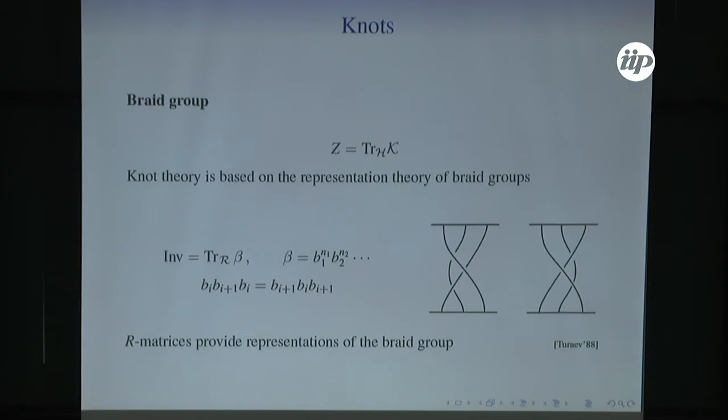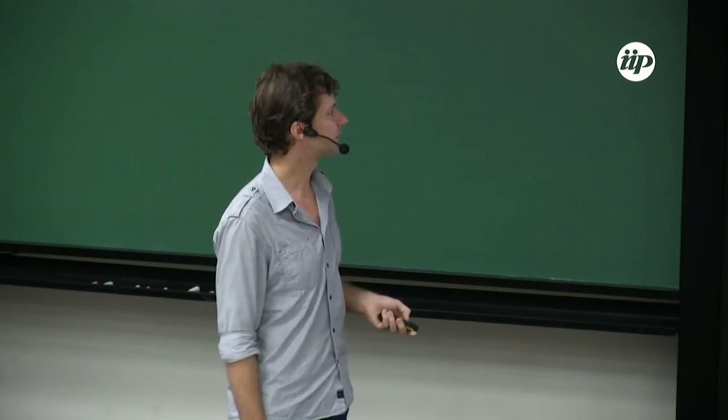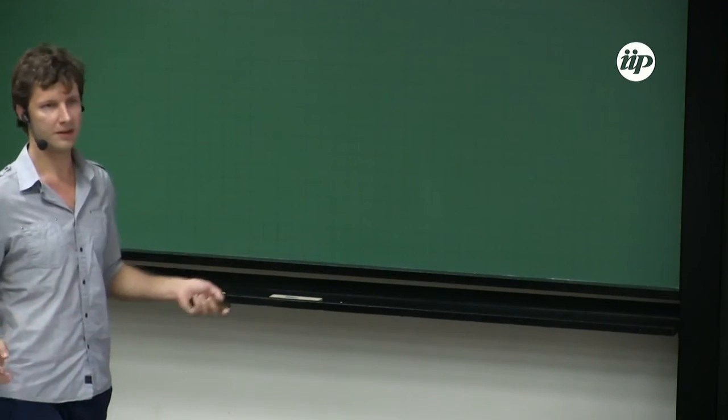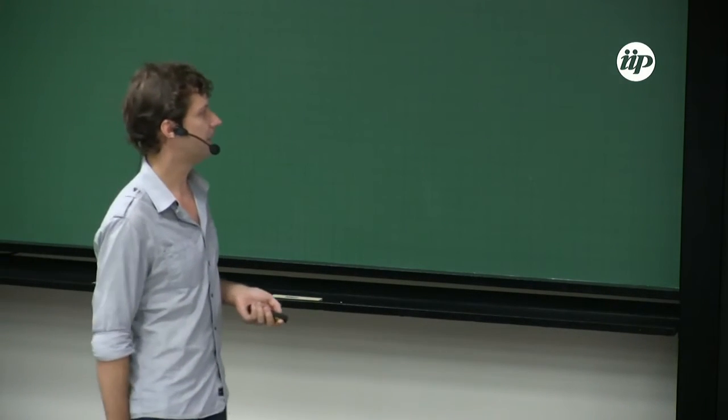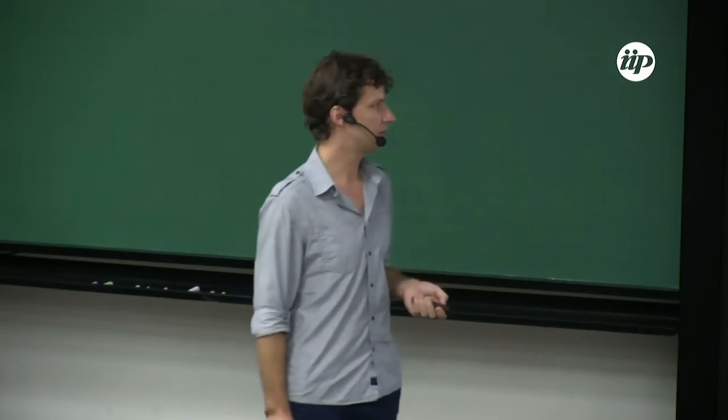In particular, if we have an R matrix that satisfies the Yang-Baxter equation, you can use this R matrix as a representation of a braid group and compute knot invariants. That was the more physical way of computing them, but alternatively, mathematicians used more algebraic methods.